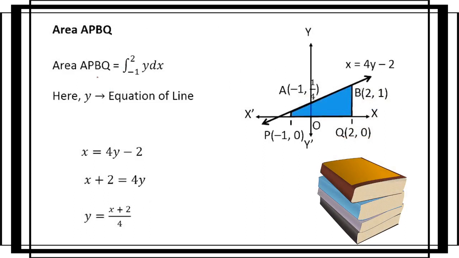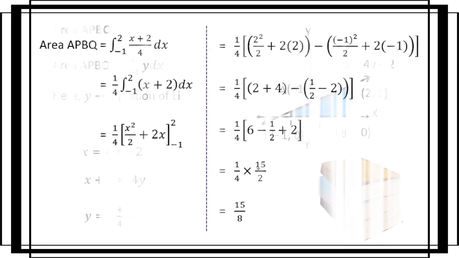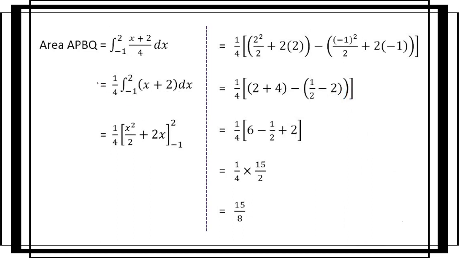So first, for APBQ, we are taking the function as the straight line, and put the value of y from here, (x plus 2) upon 4, in this equation, and the limits are minus 1 to 2. For both the functions the limits will be the same, minus 1 to 2. Get the area of APBQ, which is 15 by 8.